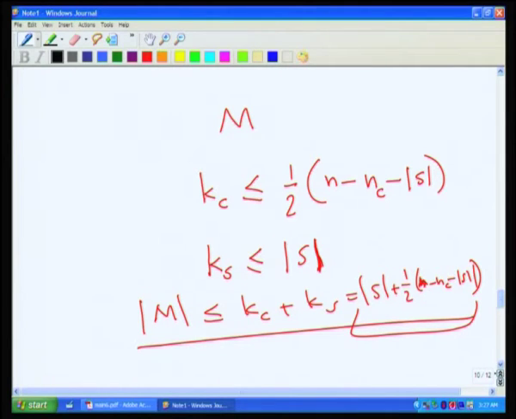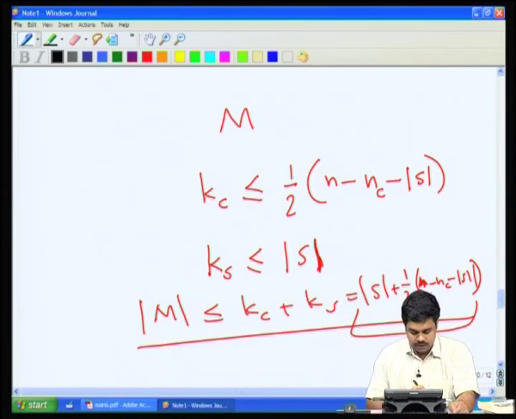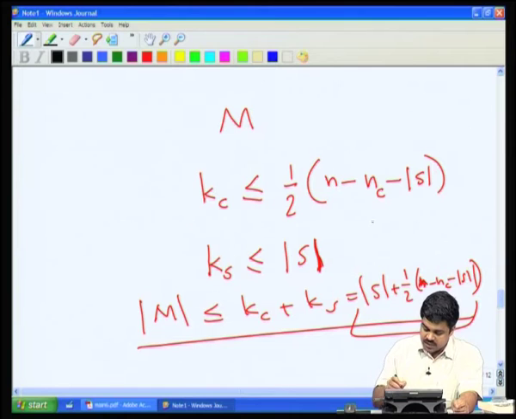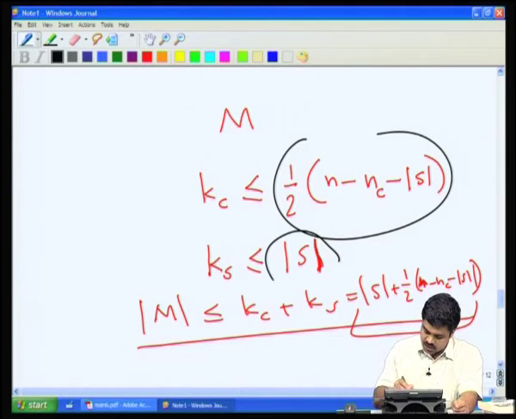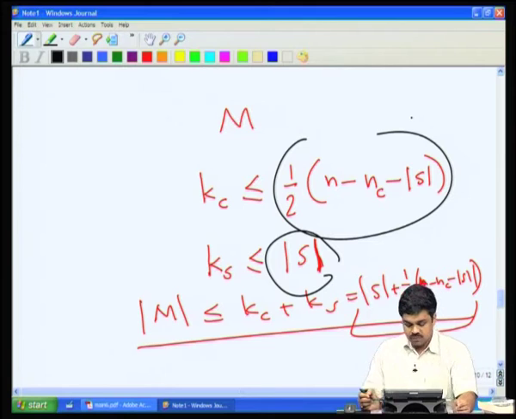Because you can see that if it is a maximum matching, it should have this much size, this plus this, right, together. But if for that particular matching this case was strictly less than S, then to achieve this value, the other term has to be bigger than this, which is not possible, right.